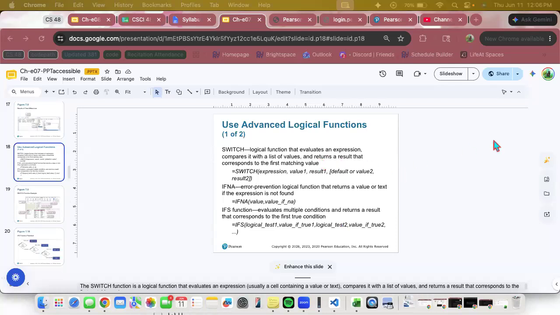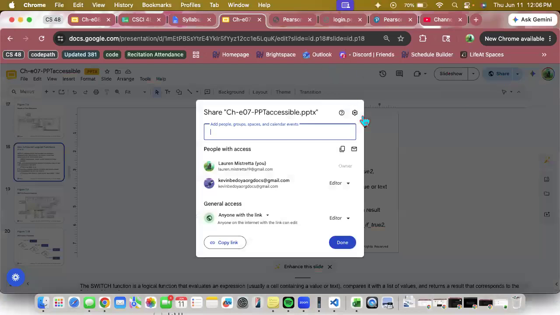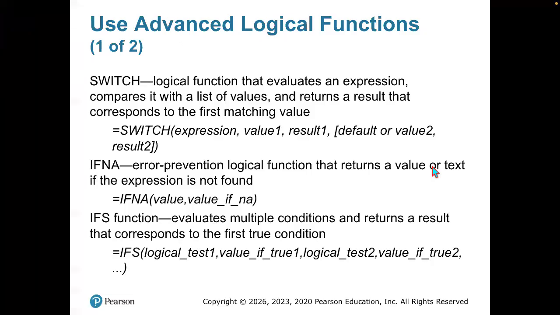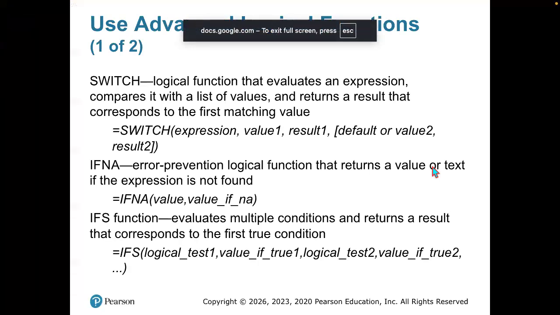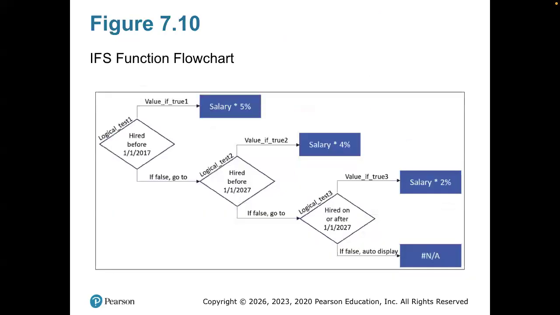So we're going to be taking a look at advanced logical functions. We went over a little bit about IF statements, but now we're going to go into a couple of other logical functions. Before we get into the syntax itself, let's think about what is actually going on here.